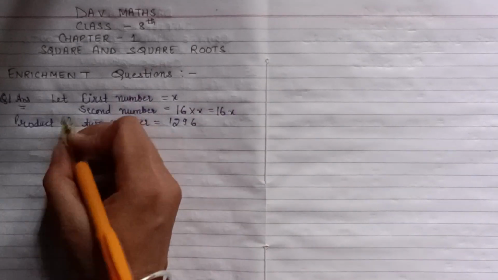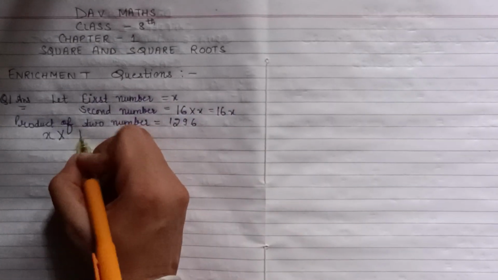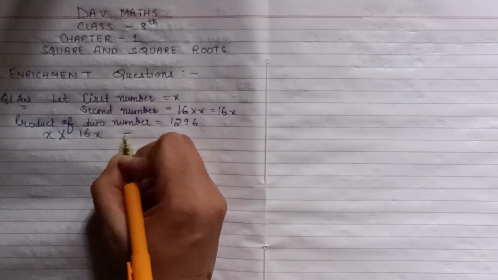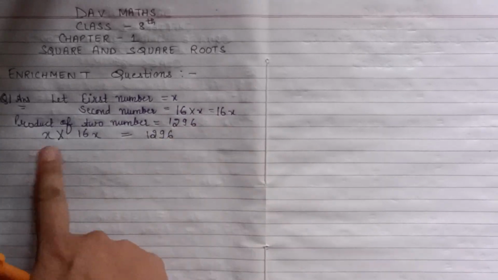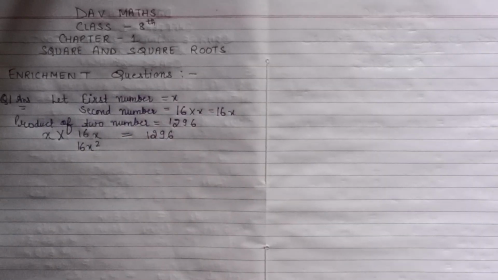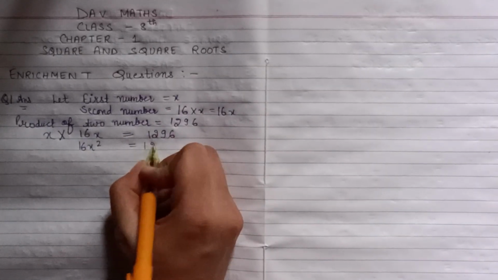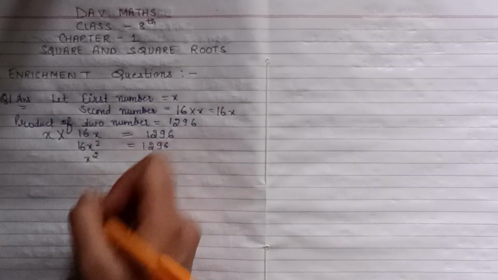So our first number is x multiplied by the second number 16x, x multiplied by 16x, and their product is equal to 1296. 16x multiplied by x is equal to 16x square, which is equal to 1296. Here I write 16 x square.